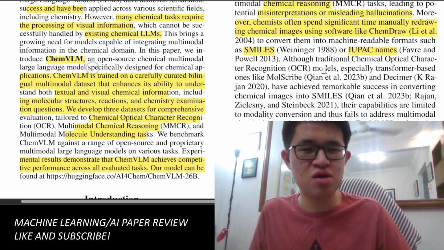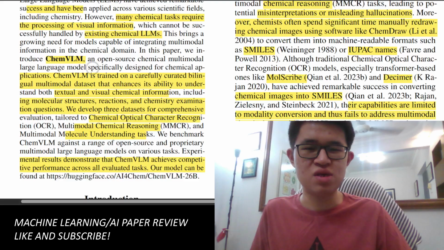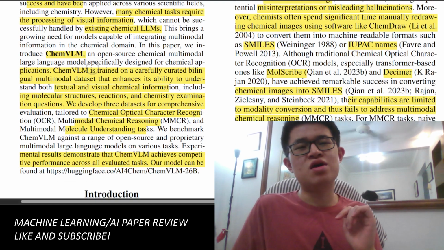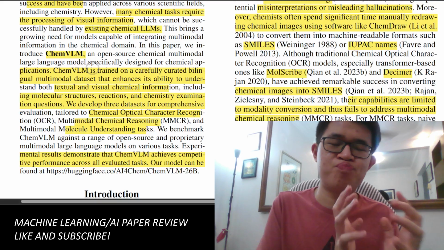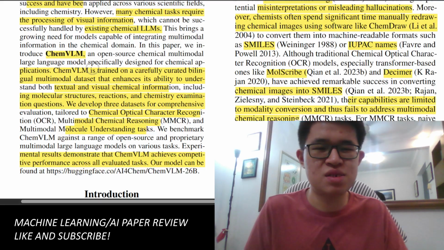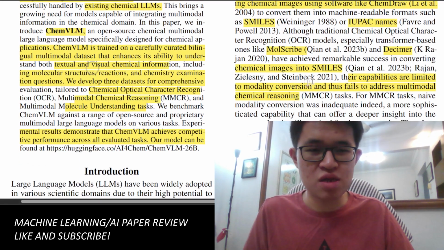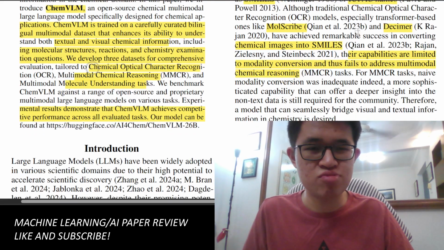OCR for chemistry models like MolScribe and DECIMER have achieved success in converting chemical images into SMILES. Their capabilities are limited to modality conversion and fail to address multimodal chemical reasoning. At this part, they actually describe some examples followed by their limitations, and that's something I'm going to put in the presentation as well.